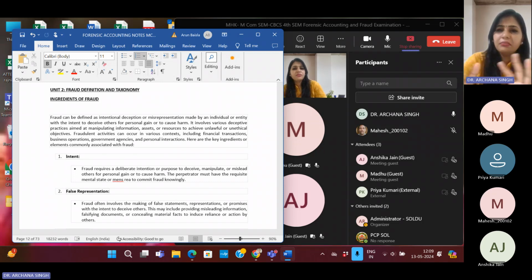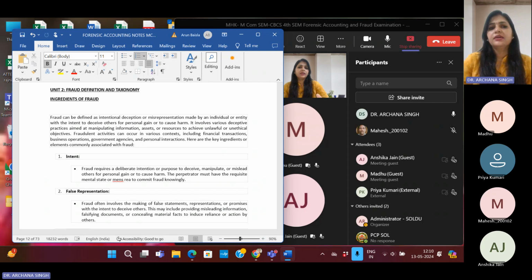So what are the main key ingredients related to fraud, that is, when and in what ways we can include things in fraudulent activities? What are the ingredients of fraud? Okay, so first is intent. Intent means fraud requires a deliberate intention or a purpose to deceive, to manipulate or mislead others for personal gain or to cause harm.